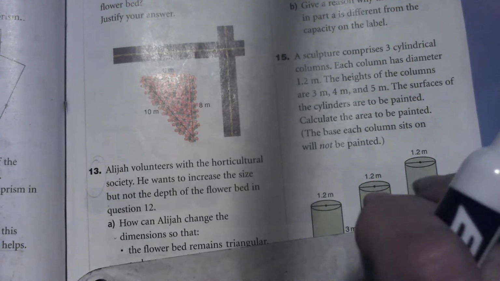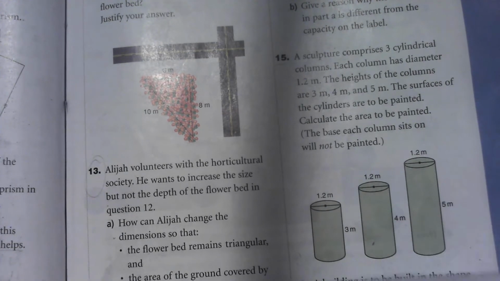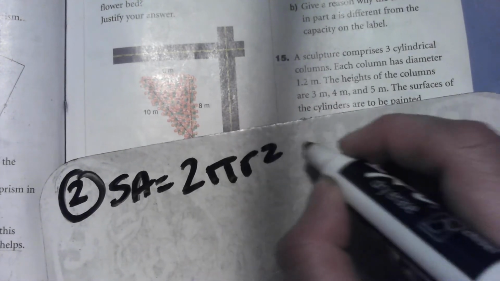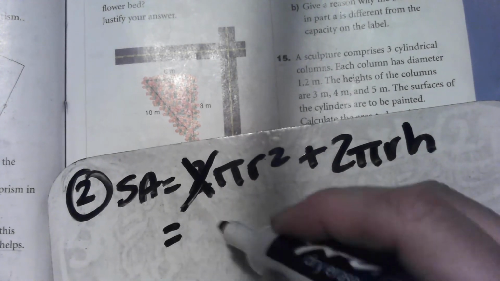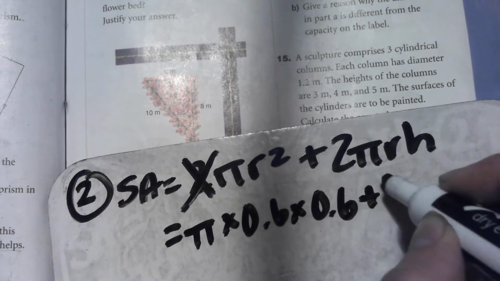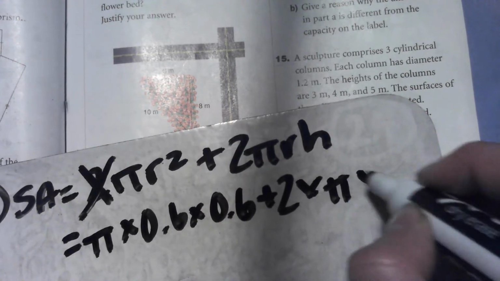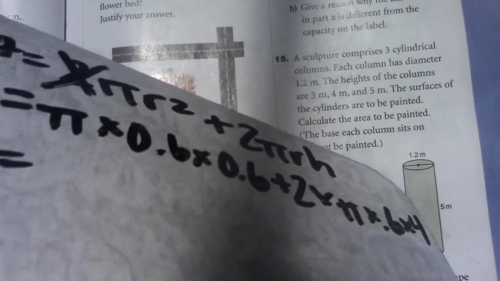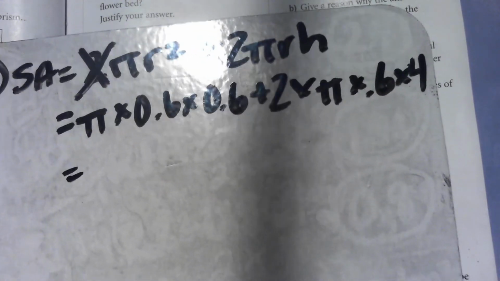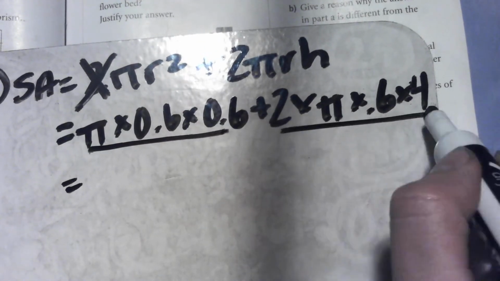The second cylinder would again have a radius of 0.6, but then a height of 4. So again, the surface area formula is 2 pi r squared plus 2 pi r h, but this is not a 2 because we're not painting the base, so we'd have pi times 0.6 times 0.6 plus 2 times pi times 0.6, and now the height is 4. So we're going to do this one first, then this one, and then add them.